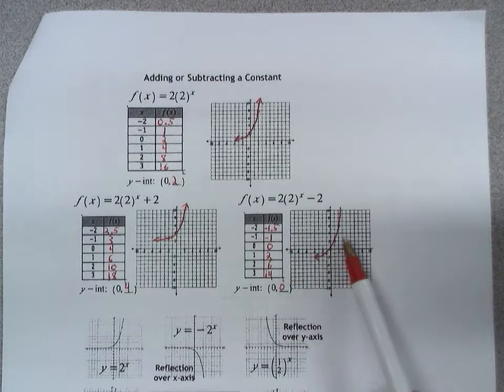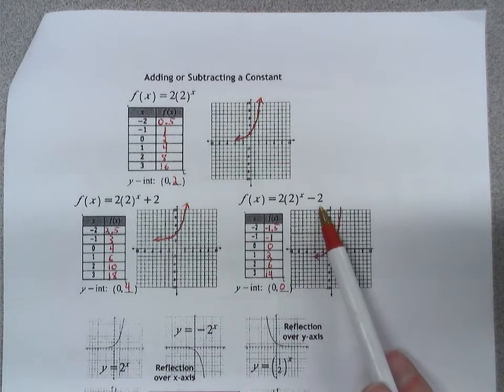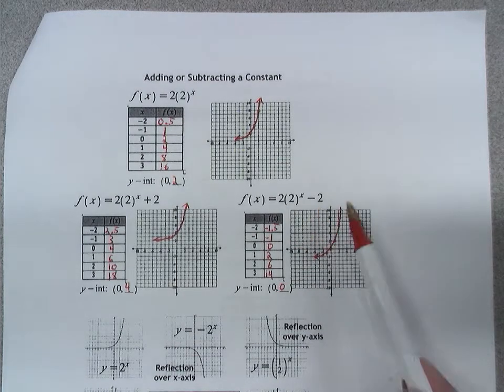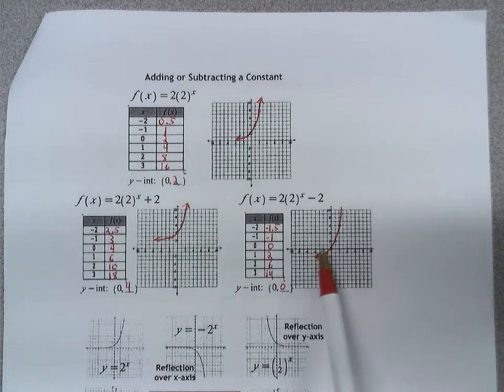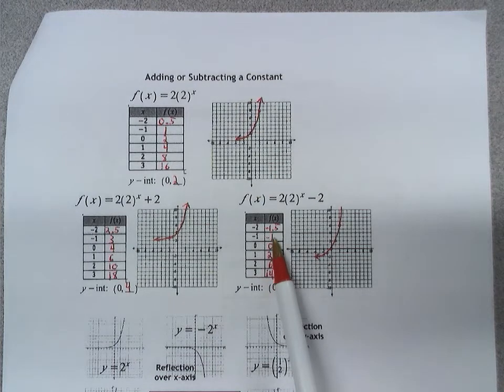Same thing over here. Notice we are now subtracting 2 from our function, so that shifts the function down 2 places, and now it's not approaching 0 anymore, it's approaching -2. So you can see the values 0, -1, -1.5. It's going to become -1 point something.